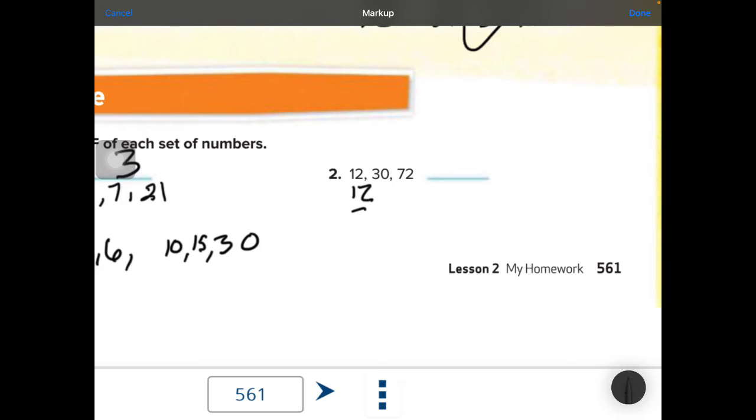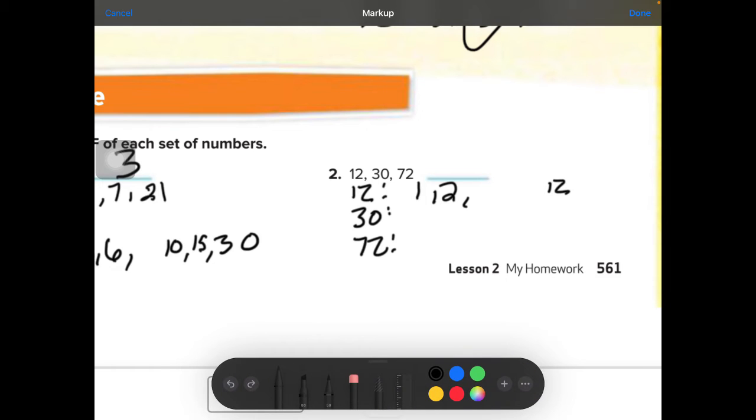Okay, number 2, we have 12, 30, and 72. Okay, figure this out on 12. We have 1 and 12, 2 and 6, and then we have 3 and 4.